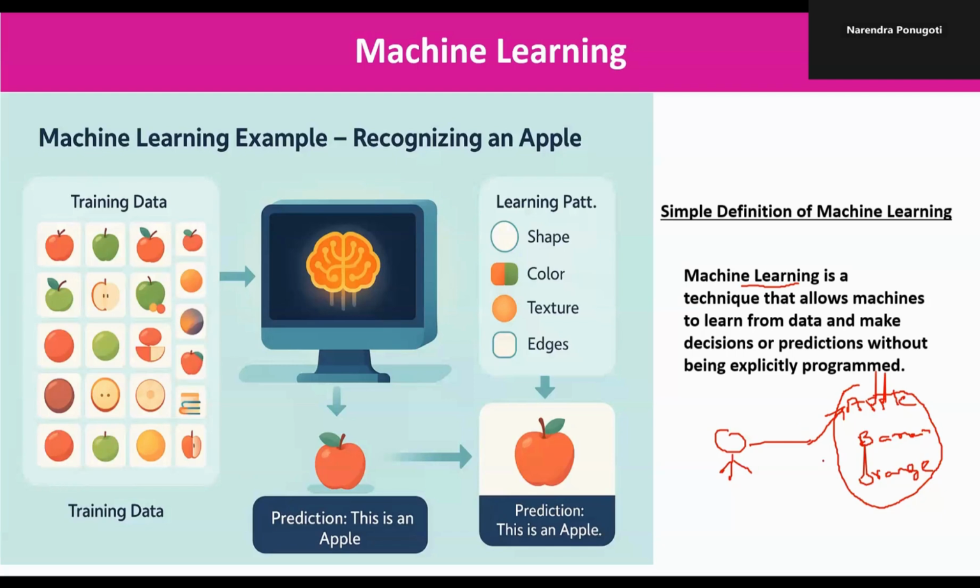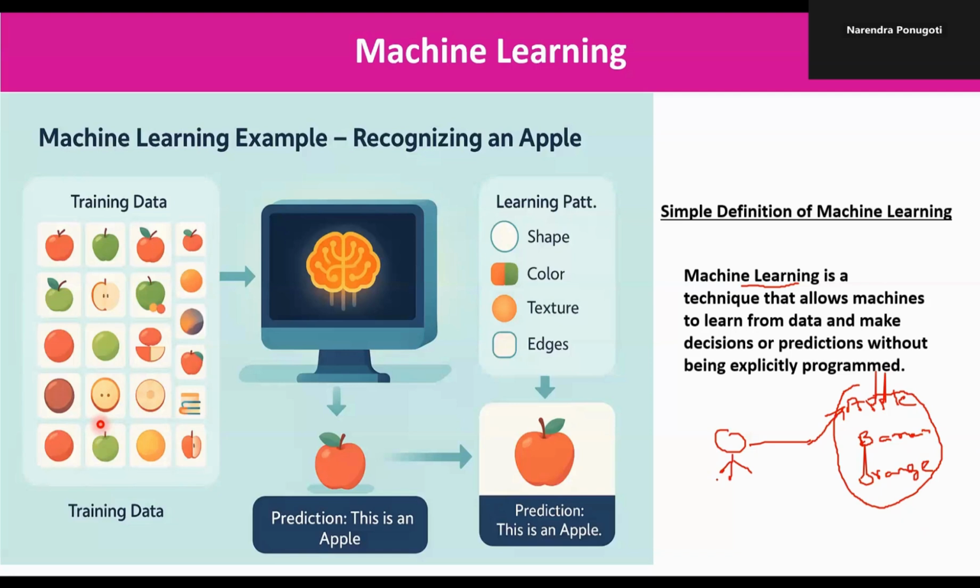Even if it is a different size, a slightly different color, half eaten, or inside a basket with multiple fruits, he is able to identify the apple. We already discussed that.